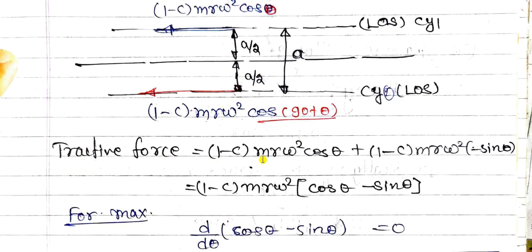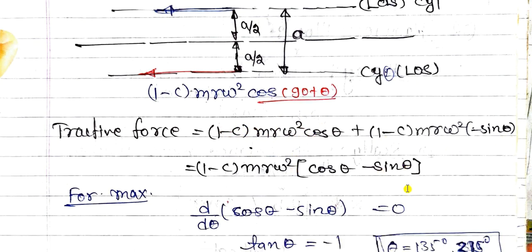Tractive force is (1 minus c) m r omega square cos theta plus (1 minus c) m r omega square cos(90 plus theta), which is minus sin theta. Taking (1 minus c) m r omega square common, we get cos theta minus sin theta.